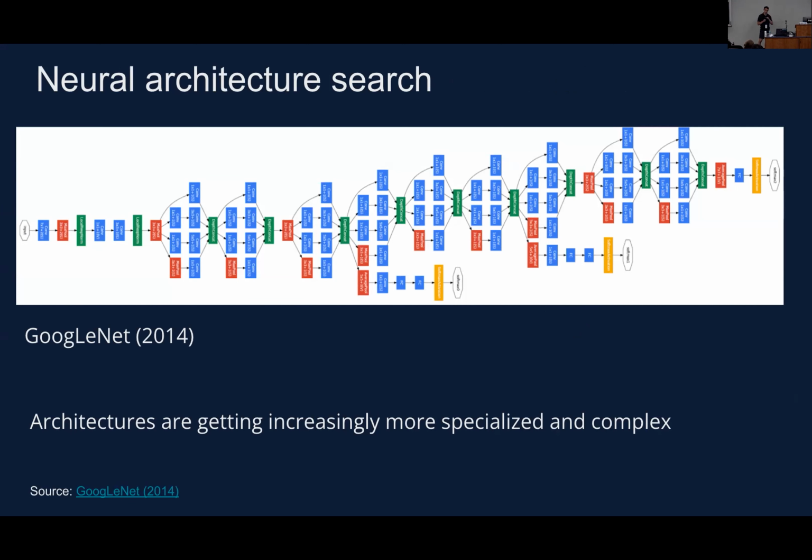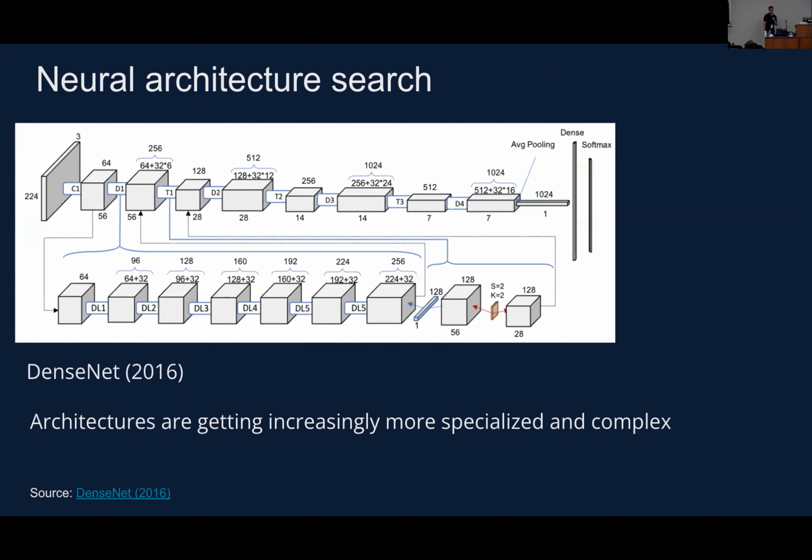As you can see, the operations and the network are extremely complex here. It took experts at Google a long time to create this architecture. And here's another example from 2016. This is DenseNet. Once again, there are quite a lot of magic numbers here that had to be painstakingly found to be the right numbers.